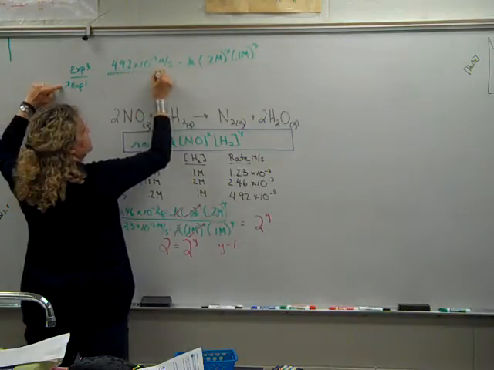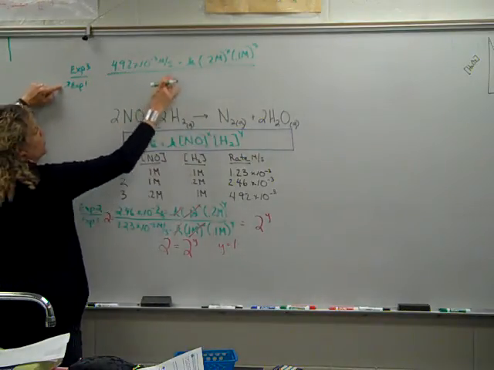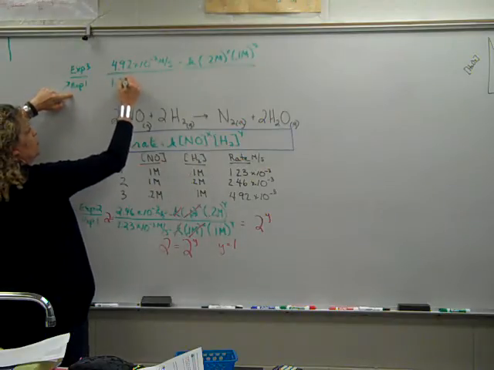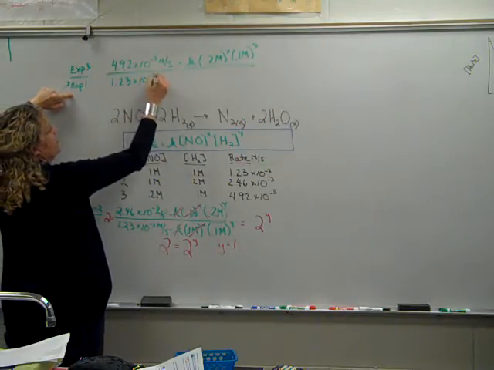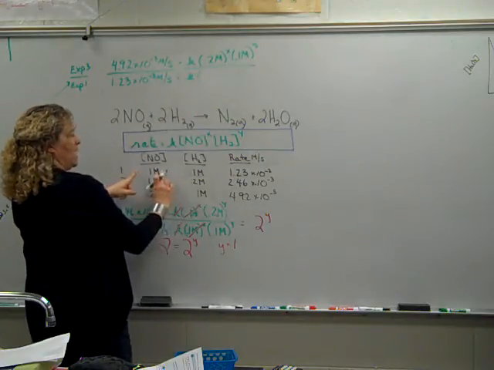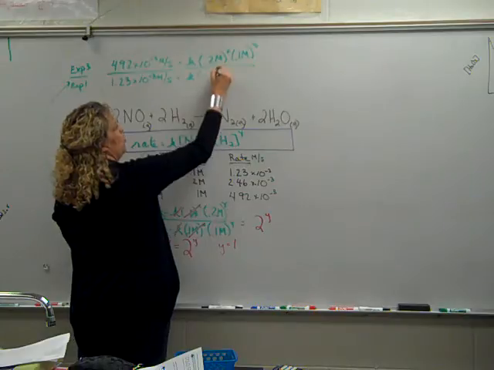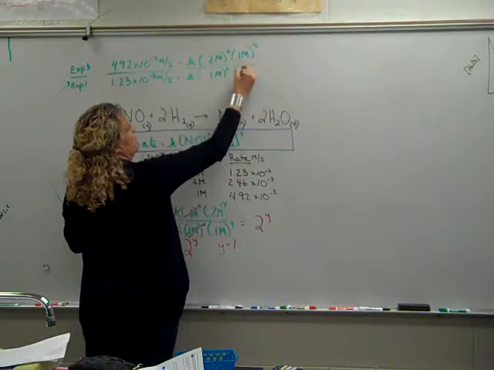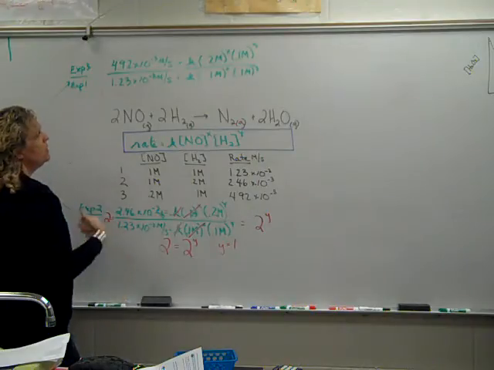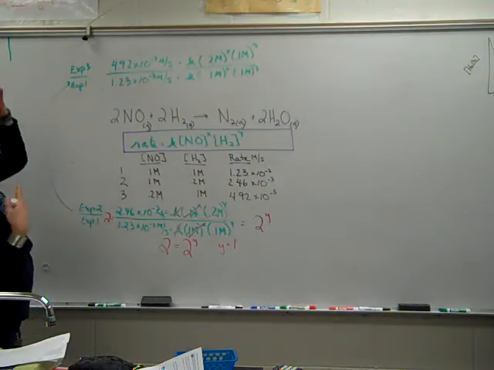And now I'm going to write the same stuff for experiment 1. Experiment 1, the rate is 1.23 times 10 to the negative 3 molarity per second. K is K. My NO and my hydrogen are both 0.1. Once you get that written down quickly, then you simply simplify.